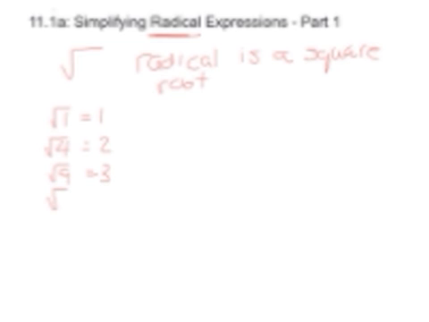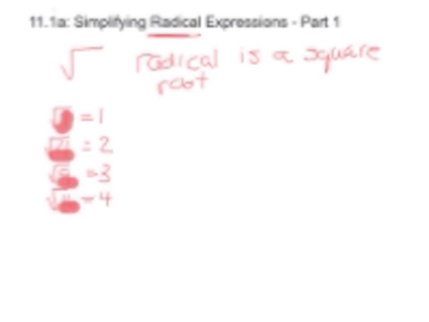The square root of 16 is 4. So these numbers that are underneath the radical sign are the perfect squares: 1, 4, 9, 16, 25, 36, 49. So you still have to be very familiar with those perfect squares.